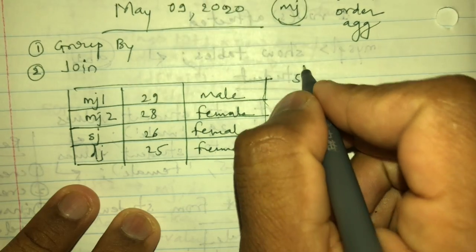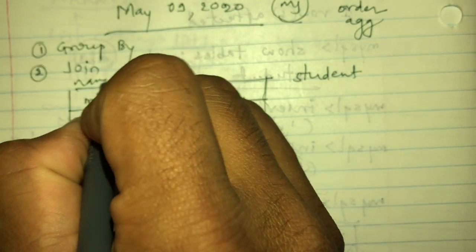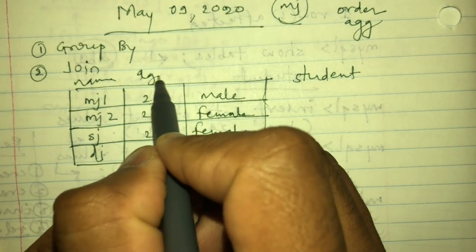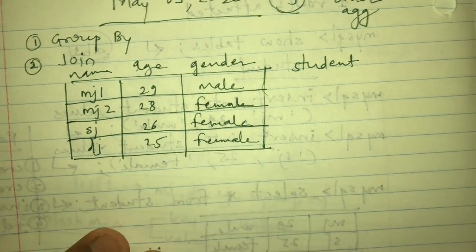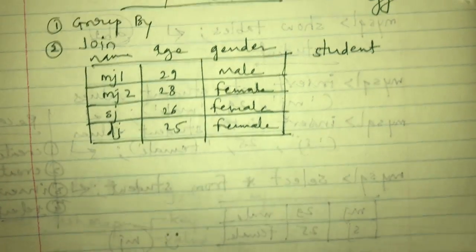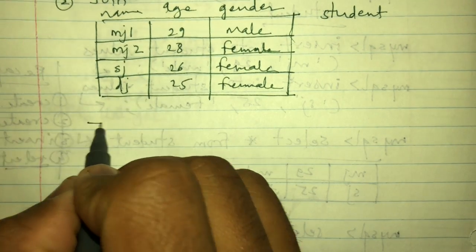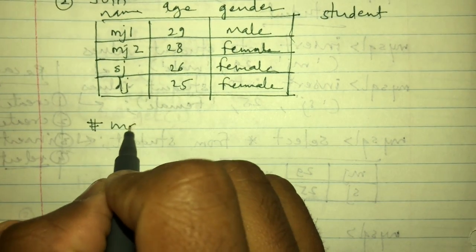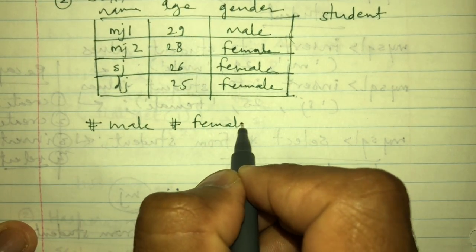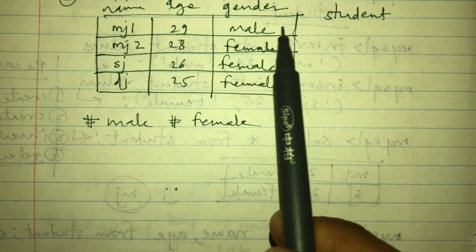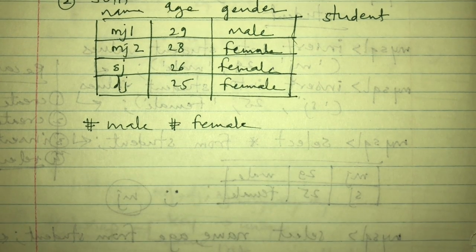So let's say this is my table student, and this is the name column, this is the age column, and this is the gender column. So a proper use case for a group by clause will be if I can get the number of male and number of female students in my class. So it will be the distribution of male and female and their respective count.